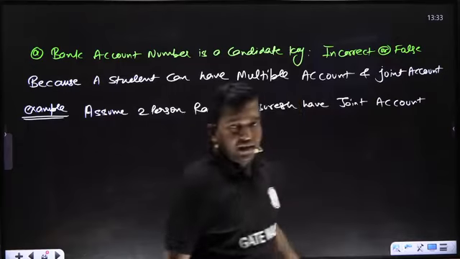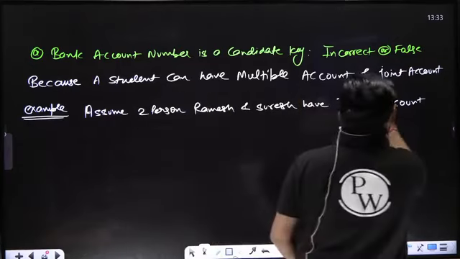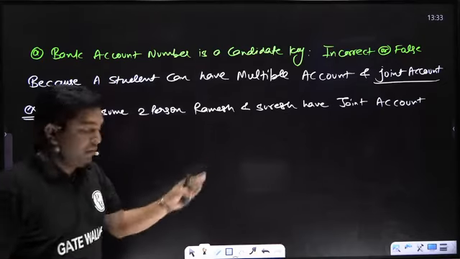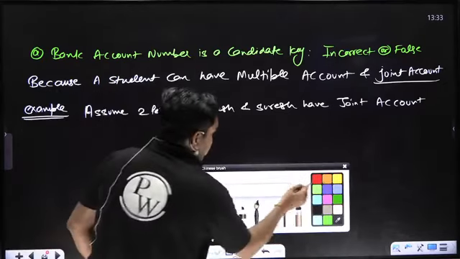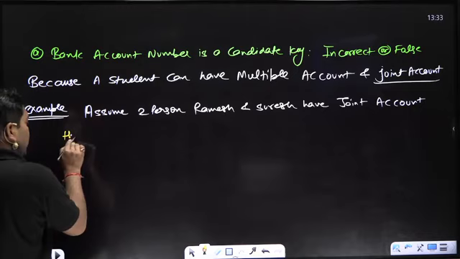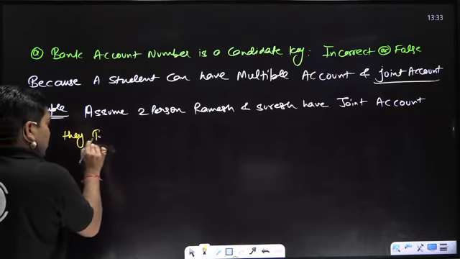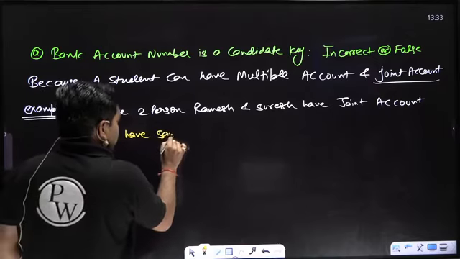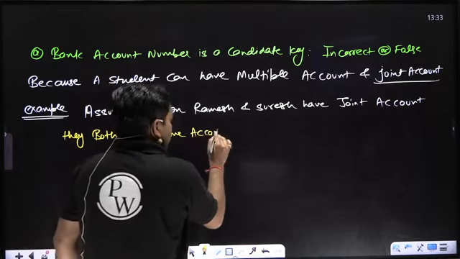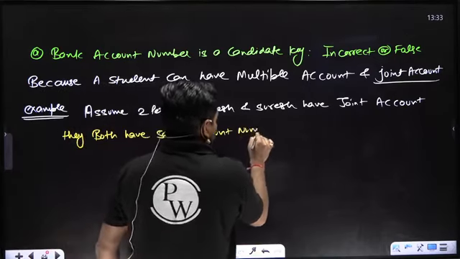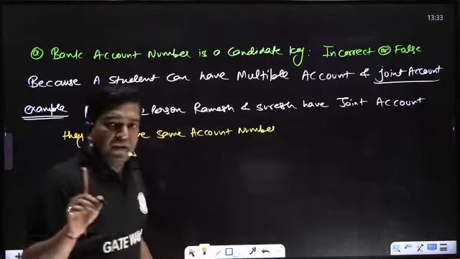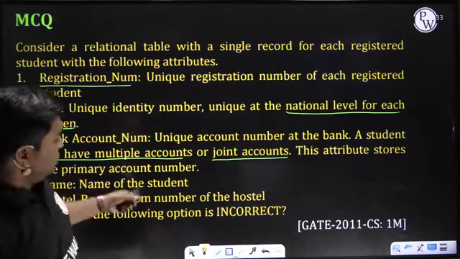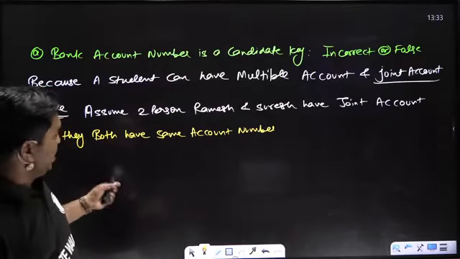Try to understand with the help of this example. Assume Ramesh and Suresh have a joint account. Then what happens?